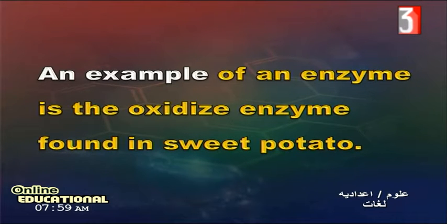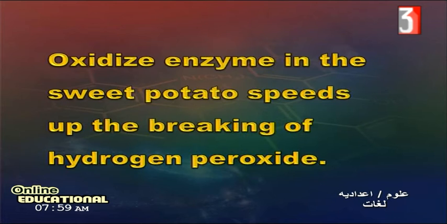An example of an enzyme in our chemical reaction in this lesson is the oxidase enzyme found in sweet potato. The oxidase enzyme in the sweet potato speeds up the breaking of hydrogen peroxide.